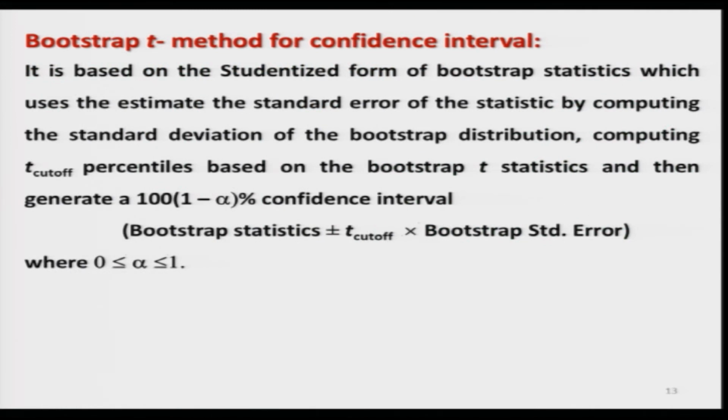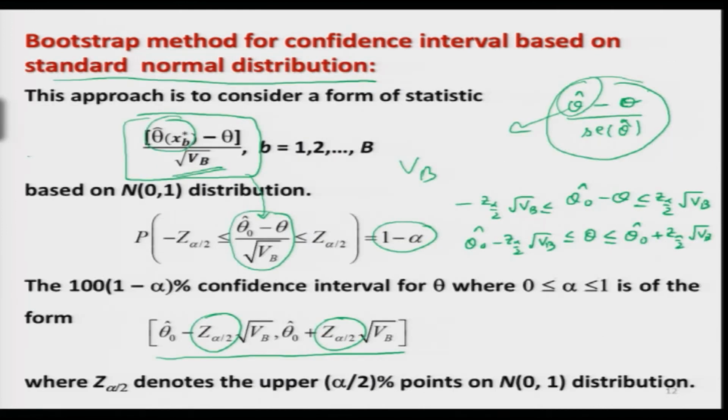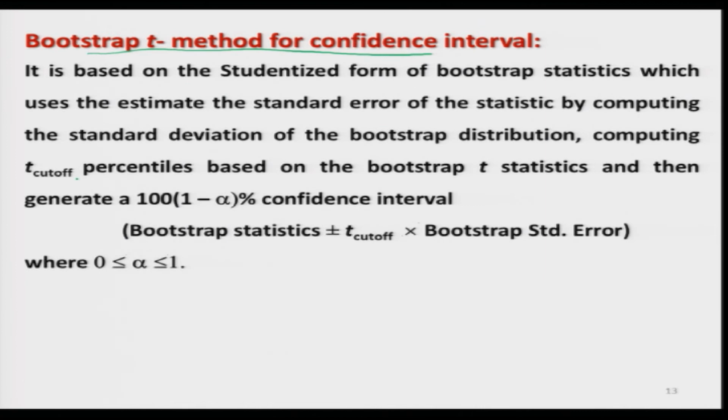In the bootstrap t method for the construction of the confidence interval, instead of taking the statistic we have used here, we take a statistic which has the form of a studentized t statistic, and we create a studentized form of the bootstrap statistic.